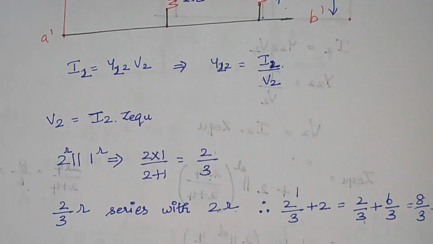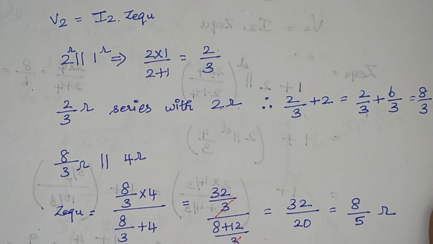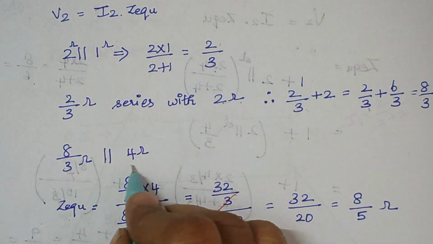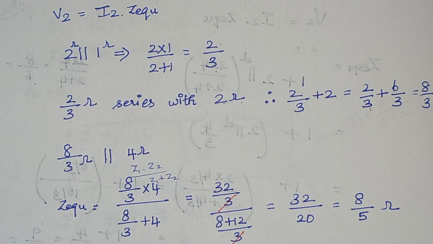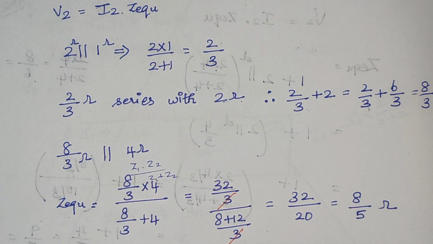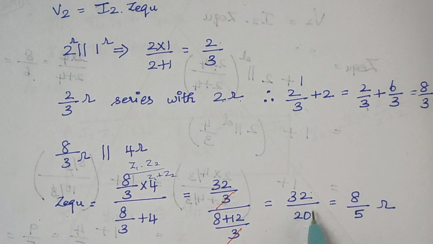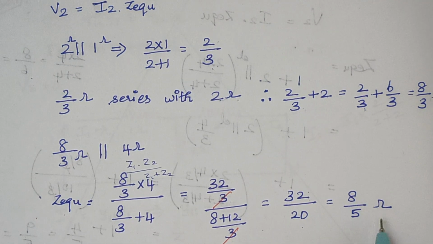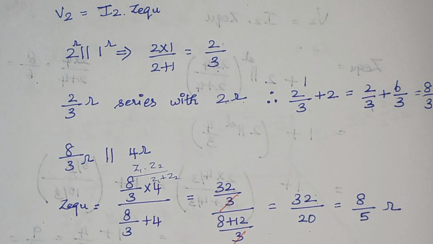So 8 by 3 ohm is parallel with 4 ohm, and when you calculate the Z equivalent, the formula is Z1 into Z2 divided by Z1 plus Z2. Substitute the values, the denominator terms cancel each other, and finally we have 32 by 20. Once you solve, the answer is 8 by 5 ohms. So we have calculated Z equivalent.